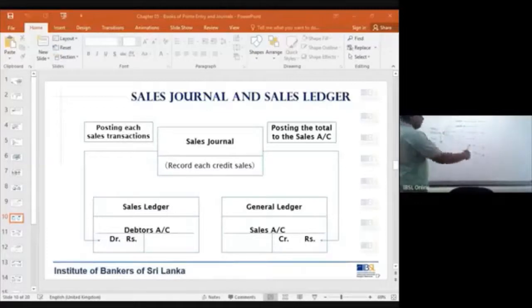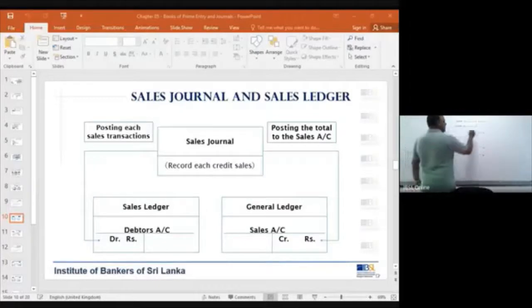That is, if you gave them 3 months, they haven't paid within the 3 months. Now what happens when they don't pay on the due date? Their day count starts. Let's say this person is overdue for 1 day, this person for 3 days, this is for 5 days and this is for 10 days.